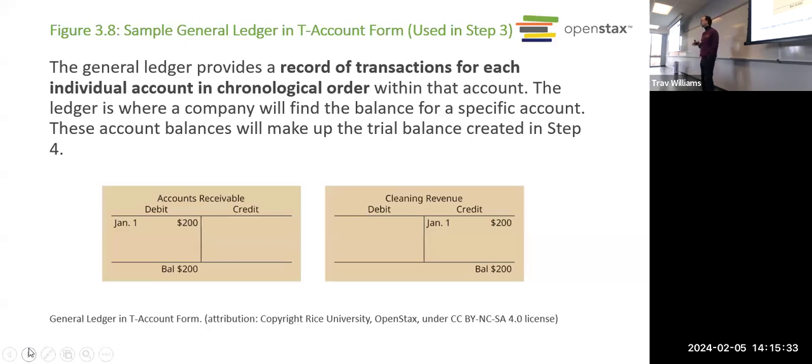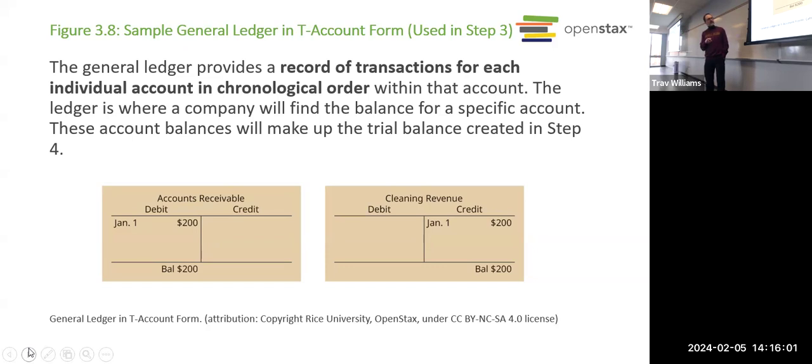So then step 3, who remembers what was step 3? Post journal information to ledger. Exactly. We post the journal information over to the ledger. So we copy whatever we put in the journal into the individual accounts in the ledger. So here we see 2 accounts, one getting a $200 debit and one getting a $200 credit.